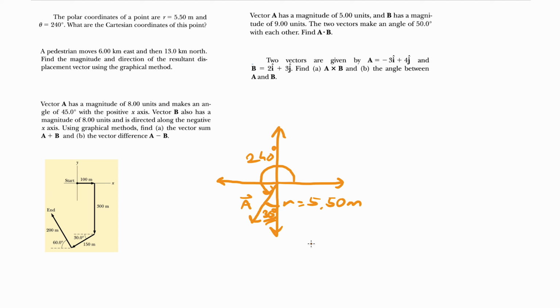So to calculate this, what we're going to do is multiply the length by first the cosine of that 30 degrees and by the sine of that 30 degrees. So let's use our handy calculator for that. 5.5 times the cosine of 30 degrees.